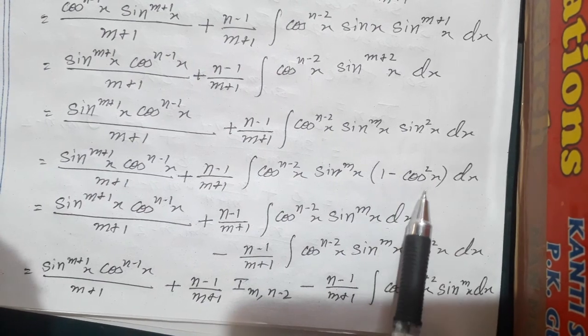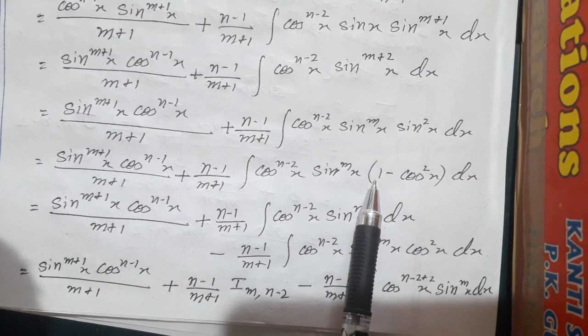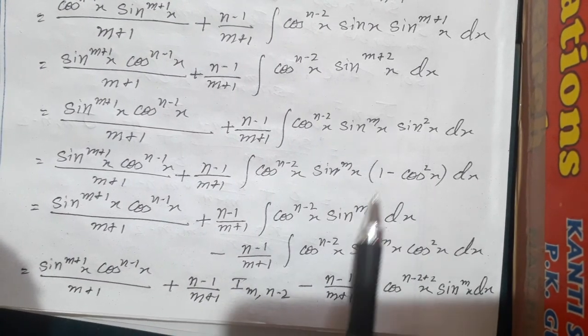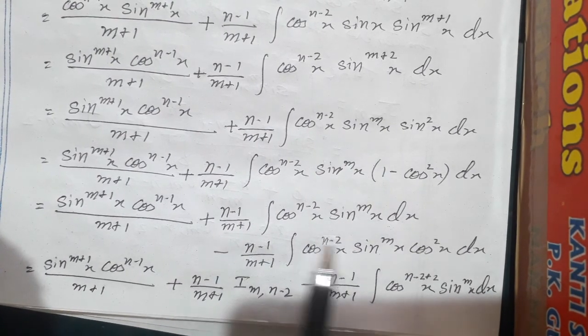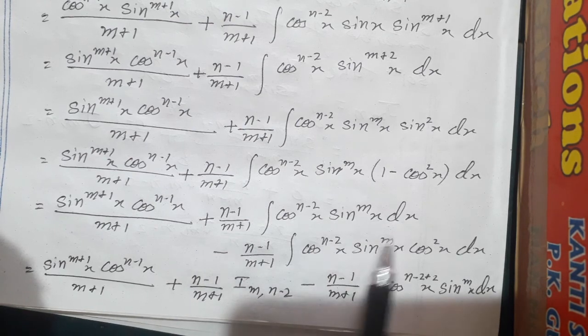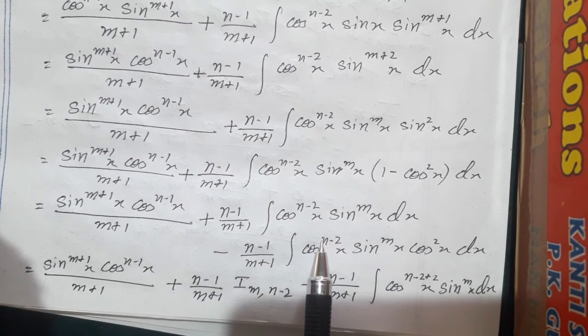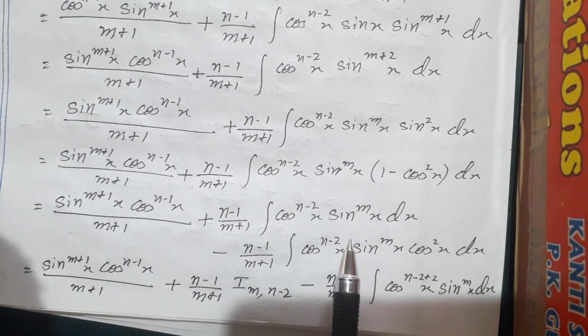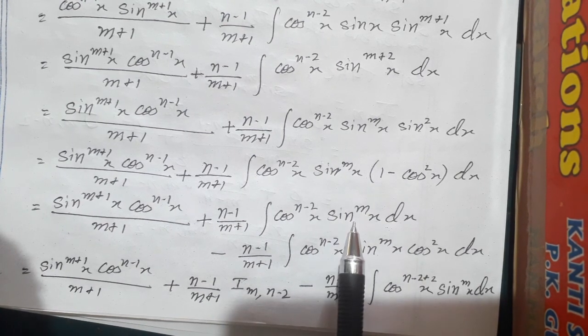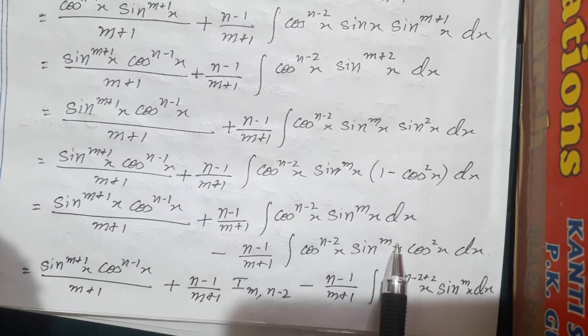Then you multiply this one with this, and also this one with this. If we add the powers of cos by the exponent law, we get cos^(n-2+2), that is nothing but n. So we get cos^n x into sin^m x.